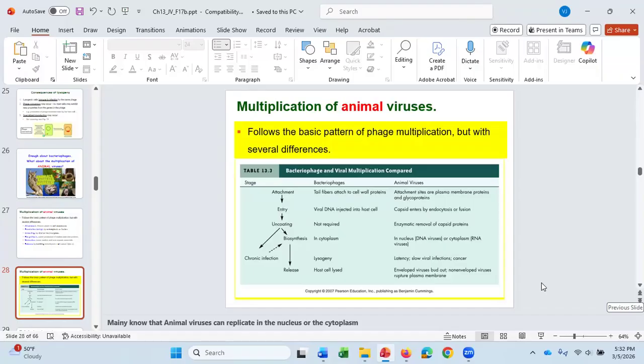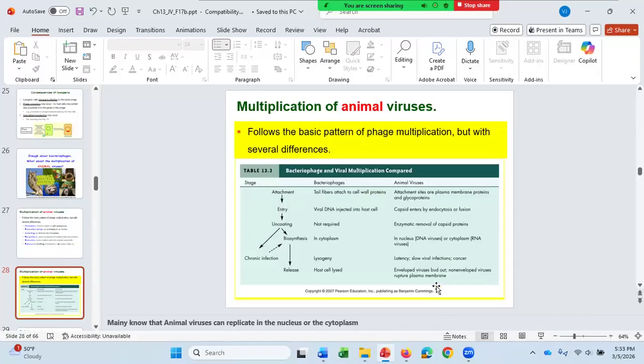Why can bacteriophages not replicate in the nucleus? Come on, somebody should know the answer to that one. There is no nucleus in a prokaryote. Yeah, there's no nucleus in a bacteria cell, so that's why bacteriophages cannot replicate in the nucleus.